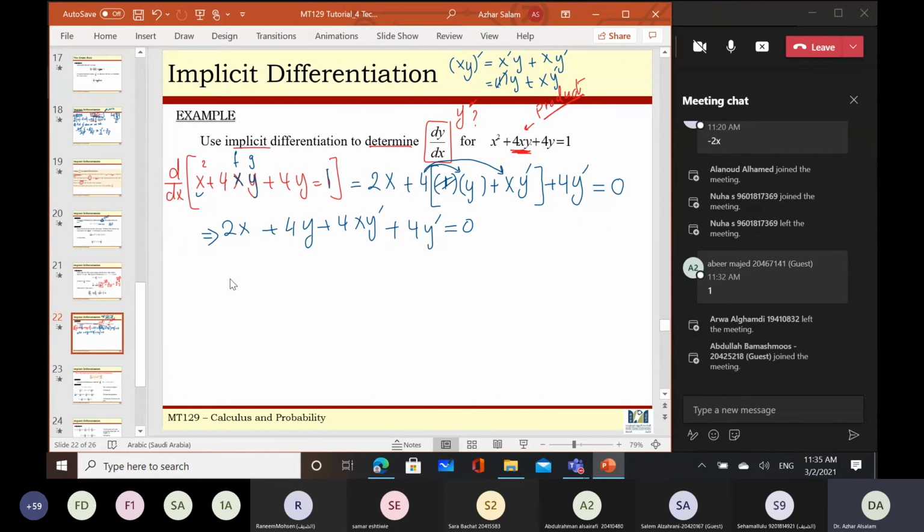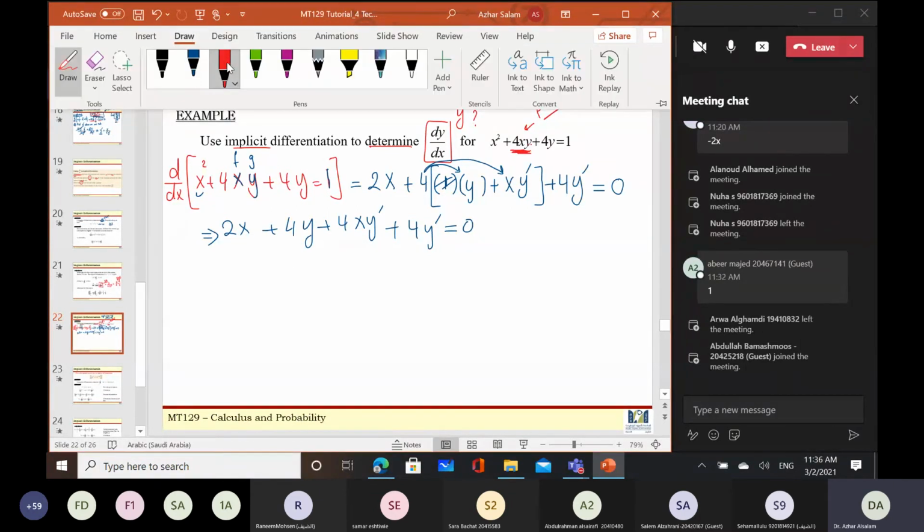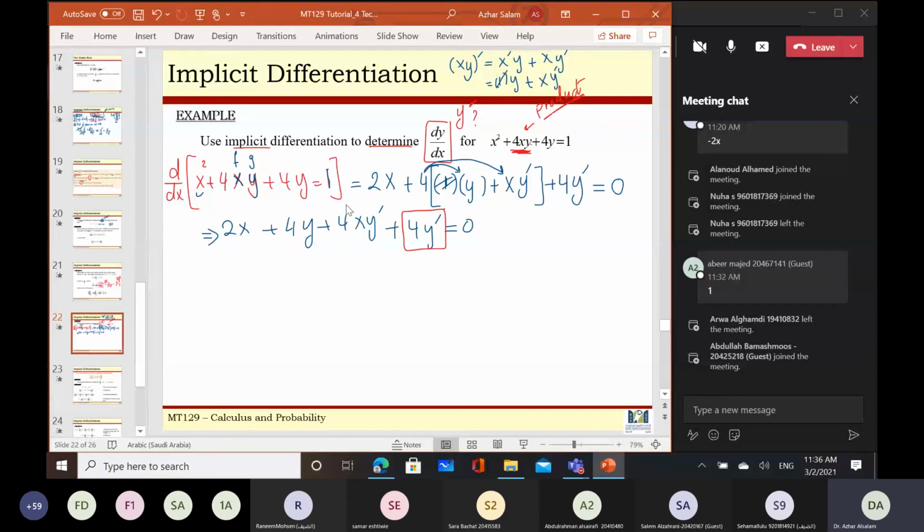Now I have to put y dash alone on one side. That means I look for the terms that contain y dash, which are this term and this term, and arrange them on the left side. I will leave it on this side and move this and this to the right side.